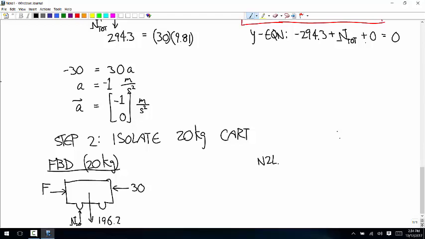And now Newton's second law. So the weight force is 0, negative 196.2. The normal force is in the positive y direction, so that's 0, positive N20.